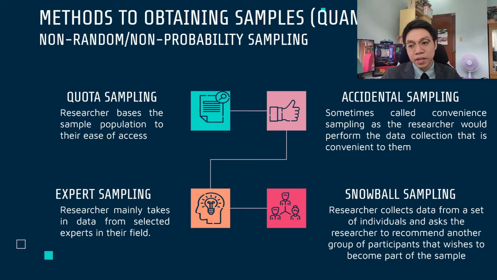So this could be in the streets or at the mall, or maybe even at school. Expert sampling is where the researcher mainly takes in the data from selected experts in the field. And finally, snowball sampling, where a researcher would collect data from a set of individuals and asks them to recommend another group of participants that wish to become a part of the sample.